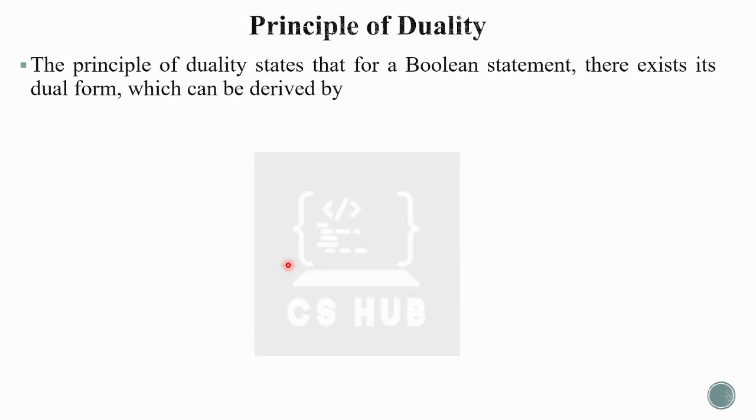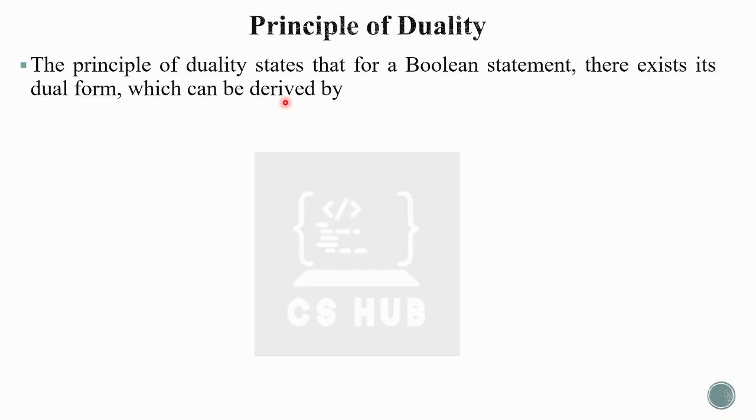The principle of duality states that for a Boolean statement, there exists its dual form. This is the point to study. The principle of duality states that for a Boolean statement, there exists its dual form.